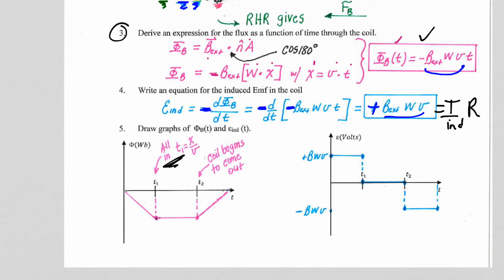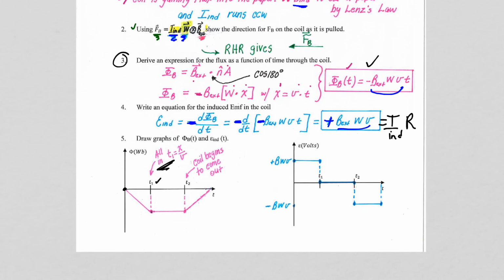That's the time it takes from time 0, when it first hits the B field, till it gets all in. The flux is changing according to our equation 3, and that's the negative slope. Once the coil is all in, the flux remains constant.